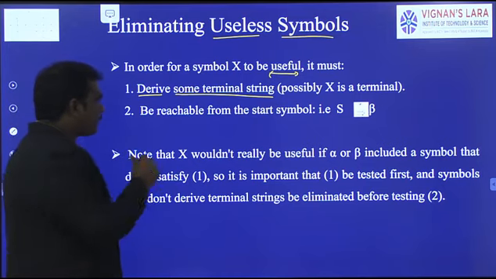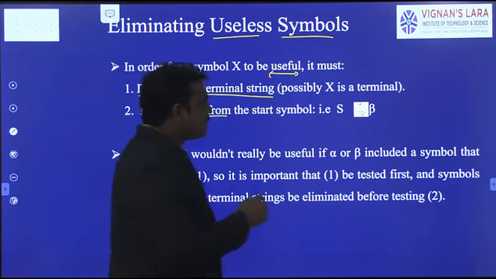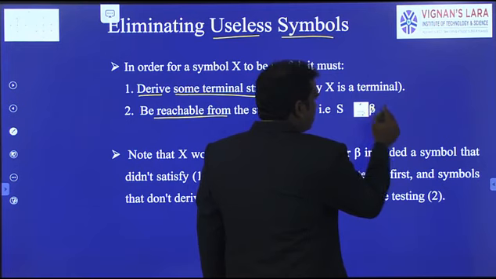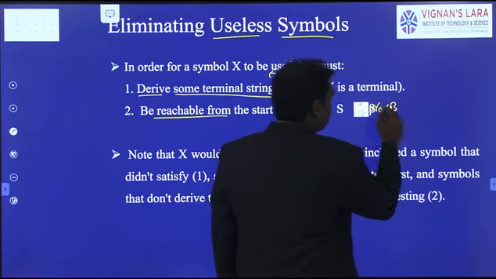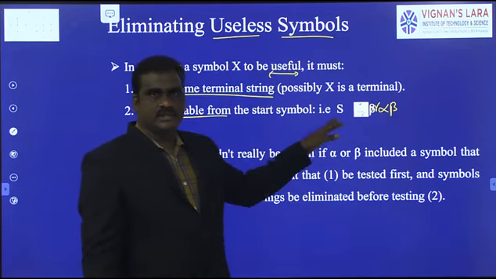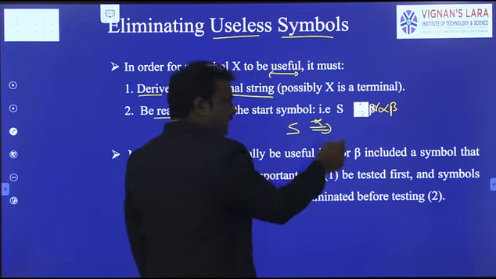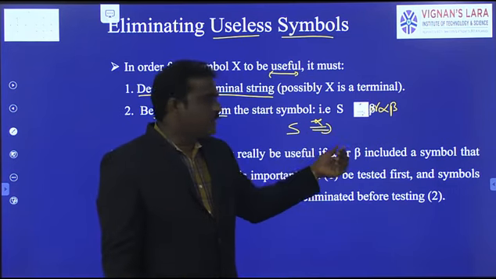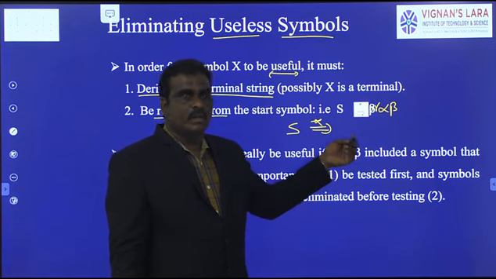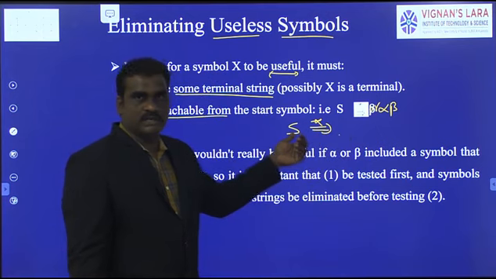And the second point is that the symbol should be reachable from the starting symbol of the grammar. For example, with alpha, beta, gamma, whatever it is, suppose S is the starting symbol of the grammar and it derives. In this derivation process, each and every non-terminal should appear. That means each non-terminal symbol is derivable from the starting symbol of the grammar.